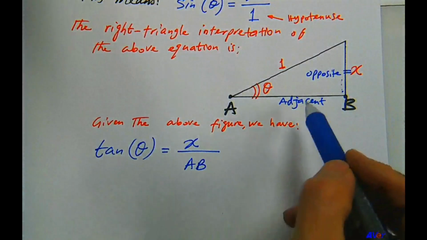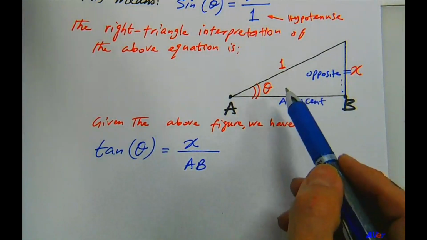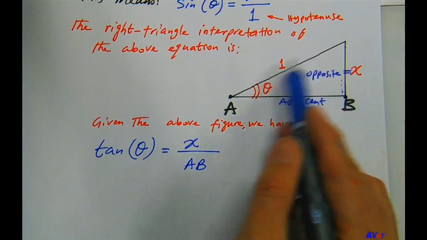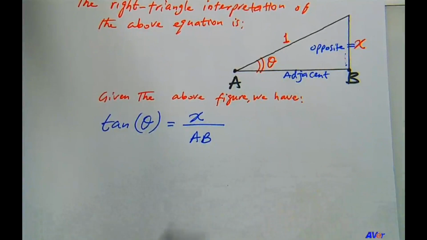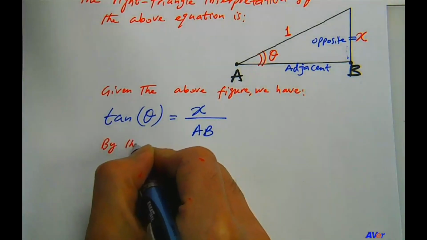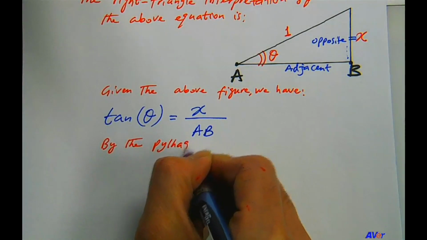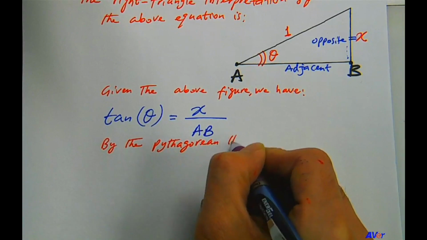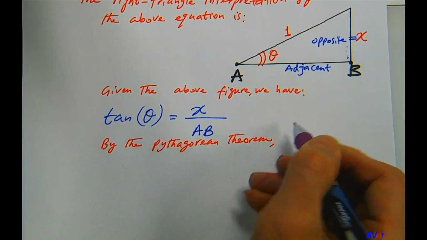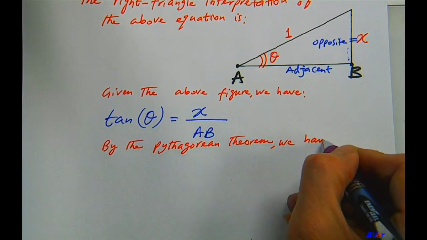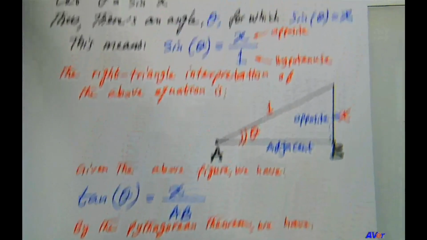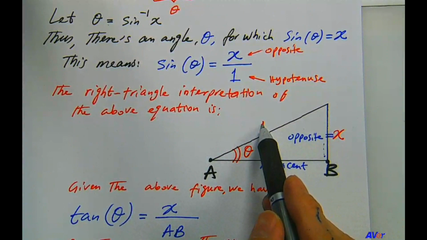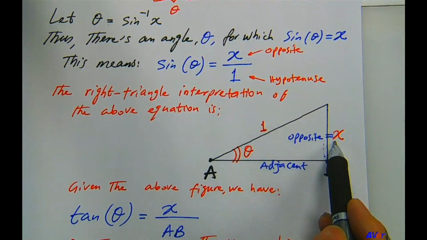Okay, as you can see, we don't have AB, but that's no problem because we can calculate it in terms of x from these two quantities on the other side. So by the Pythagorean theorem, AB is equal to square root of 1 squared minus x squared.